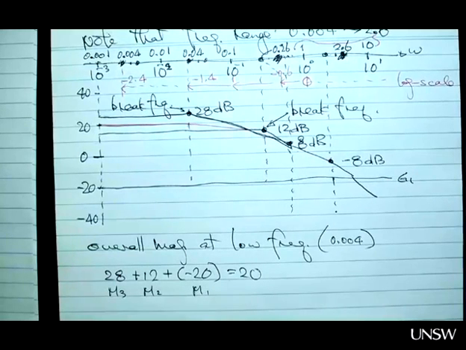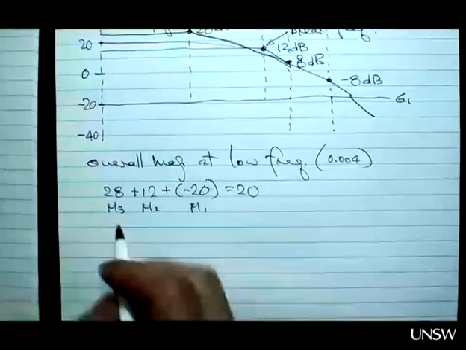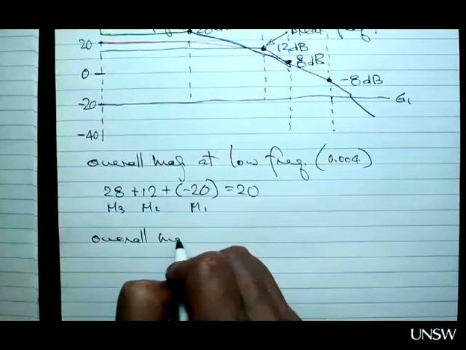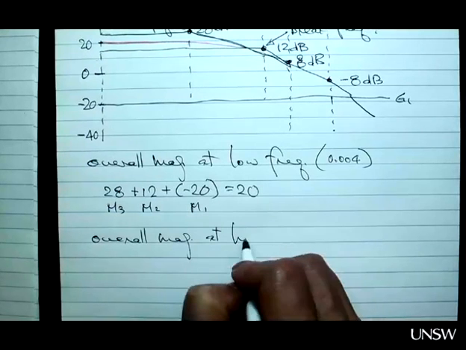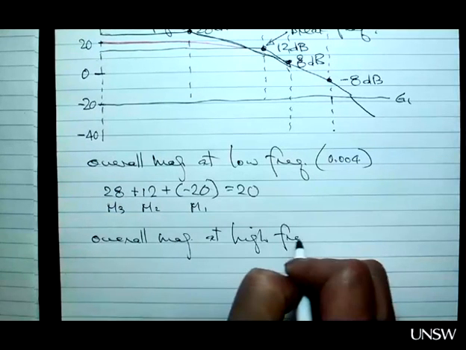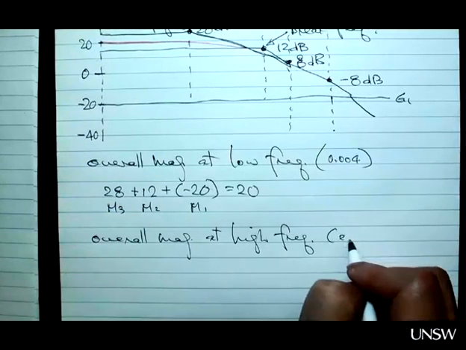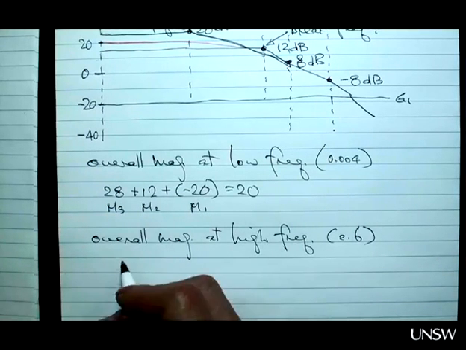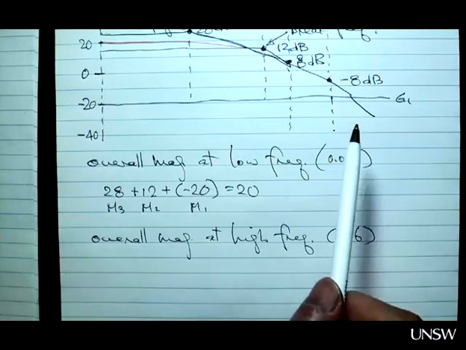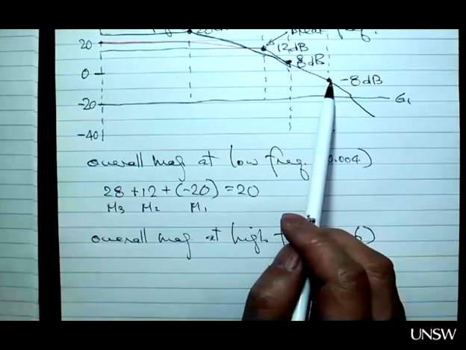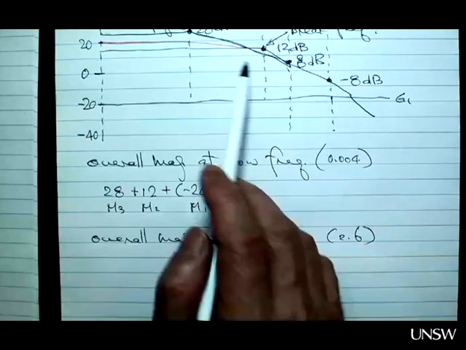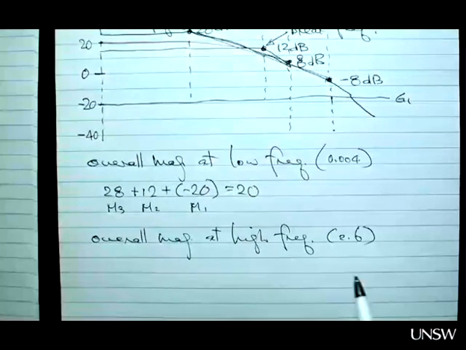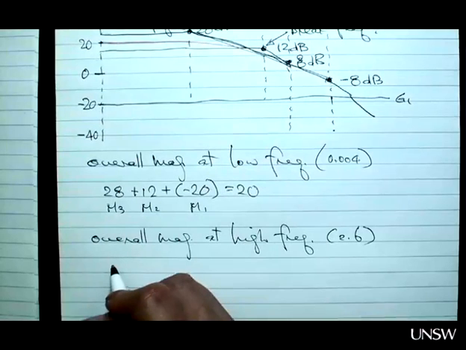And then the overall magnitude at high frequency, for example, it is 2.6. So it is 8 here, and then it is also approximately 8 here. So it is minus 20.